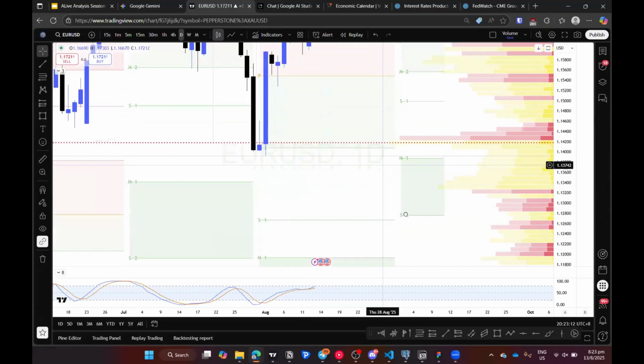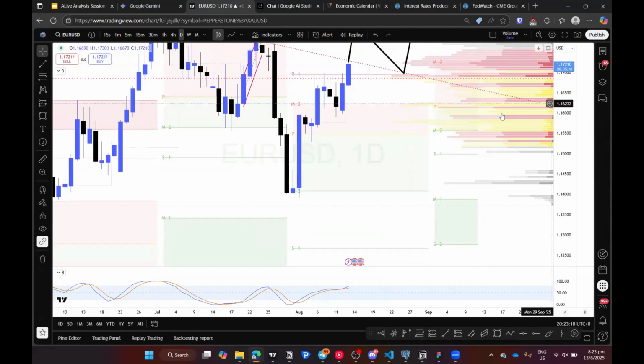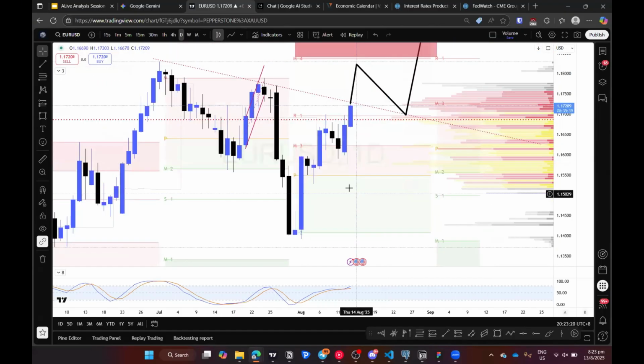You usually start off the month at the M2 level if on the last day of last month you made the monthly low. So on the 31st of July, we ended the entire month of July at the lowest possible price for euro dollar. And therefore, as you start the month of August, you'll be starting perfectly at M2.